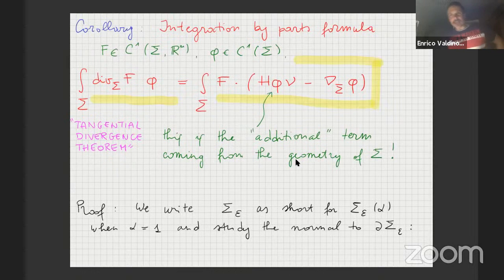But then with this lemma in hand, I like this lemma a lot because it allows me to get rid of surface integration as much as possible, right? Again, it's a matter of taste.